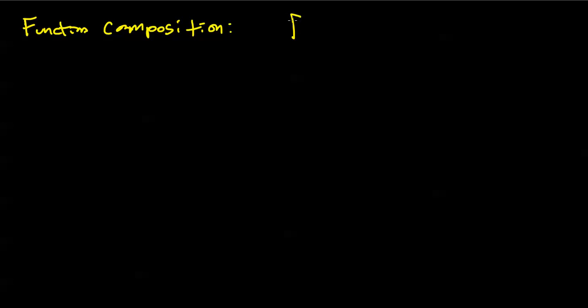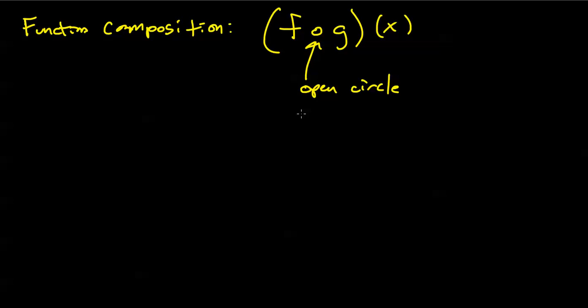Now the book's notation for function composition is f open circle g of x. Now be careful. Multiplication, they use a dot. If there's an open circle here, that is a notation for composing those two functions. And what we're really doing in this situation is layering one function on top of the other.